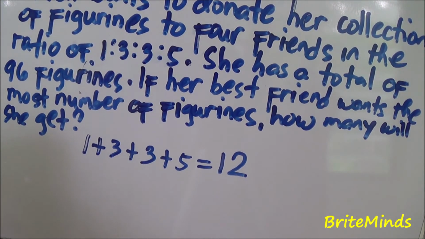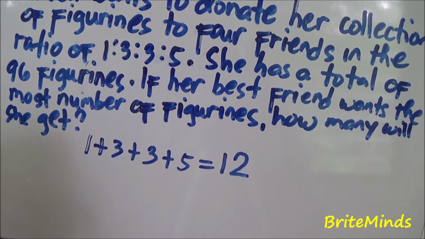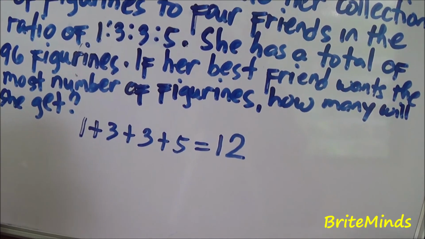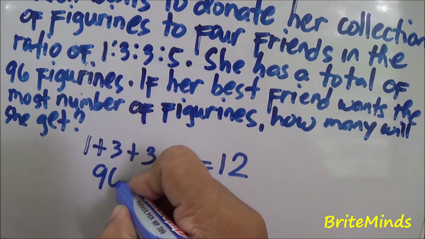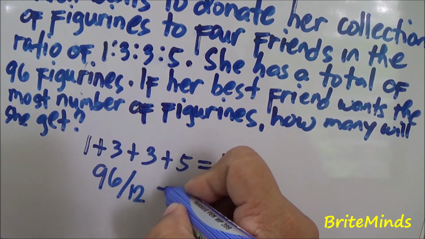Karen has 96 figurines, and since she wants to give them in the ratio of 1:3:3:5, we divide 96 figurines by 12.